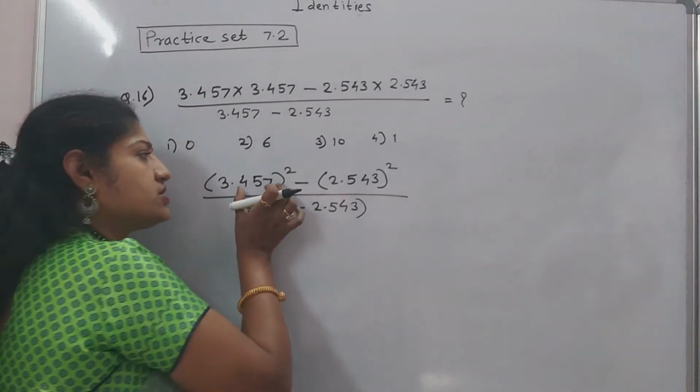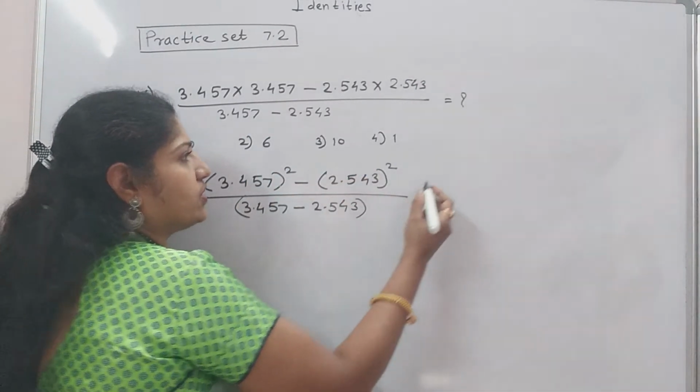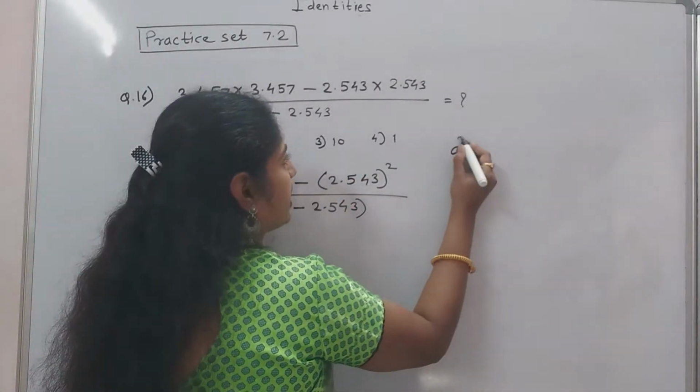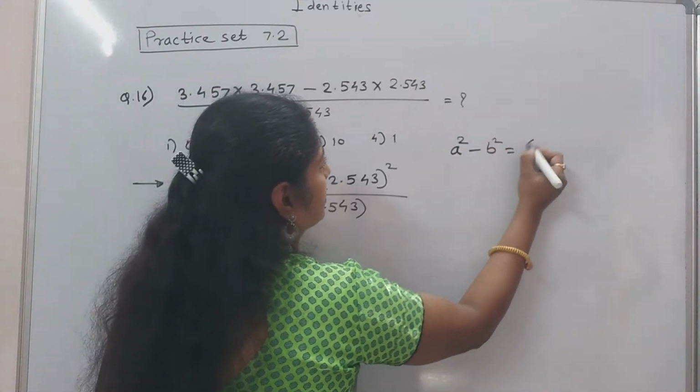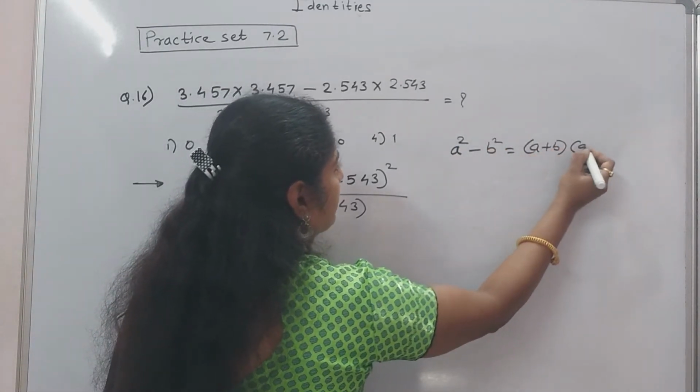In the numerator, first number square minus second number square. So I use the formula a square minus b square equals a plus b into a minus b.